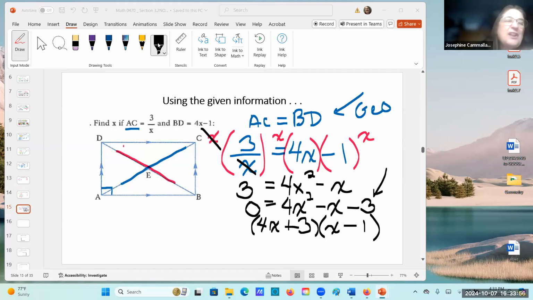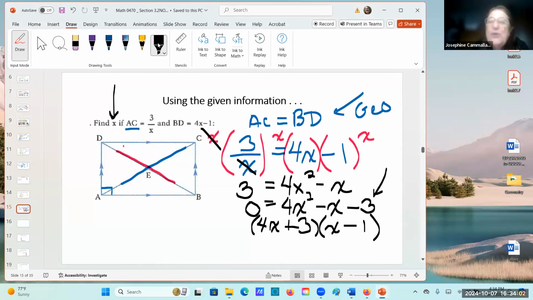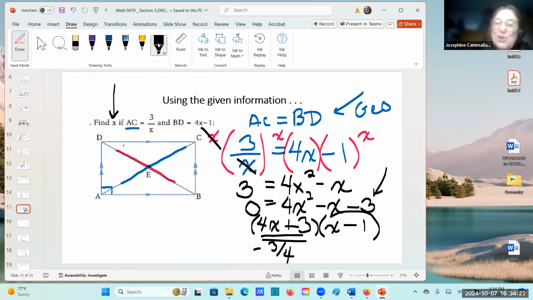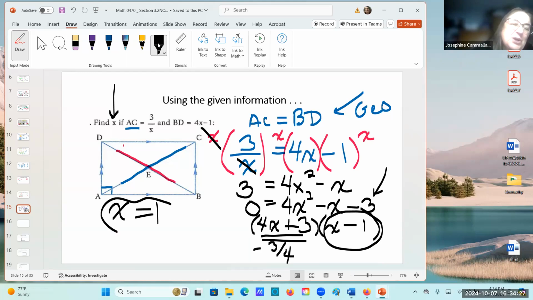Now, be careful. I want x. Now, this is a geometric figure. Okay. So, in this case, this answer would give me a negative 3/4. I can't use that answer. So my answer is x is equal to 1. Can't have a negative number in geometry.